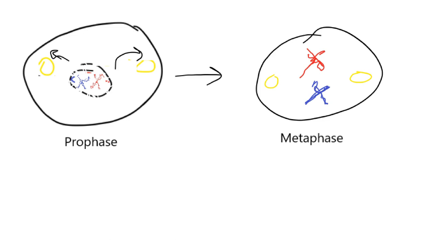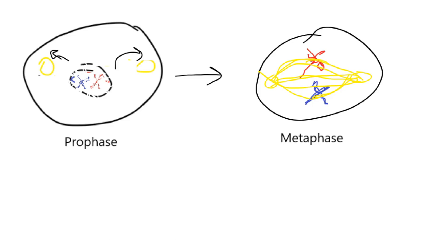So there's a few more things happening in metaphase. So you have your centrosomes out here, and they are attaching to each other, as well as to a central structure inside this chromosome, called the kinetochore. I'm not worried about the kinetochore right now.